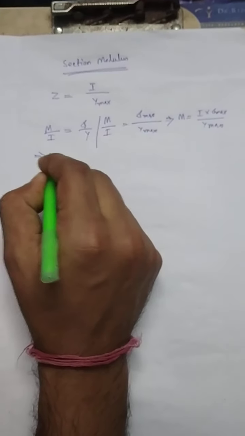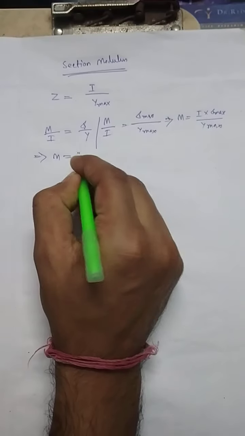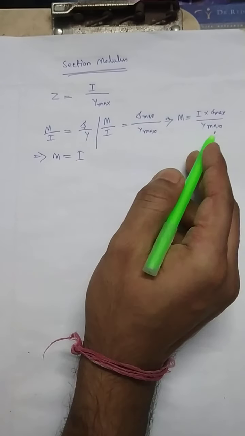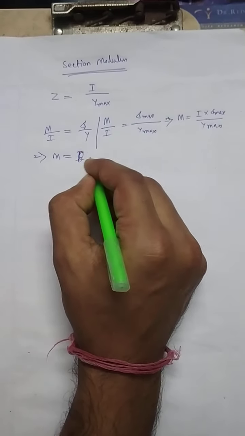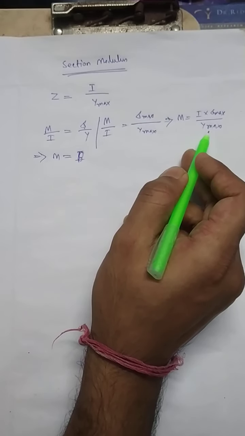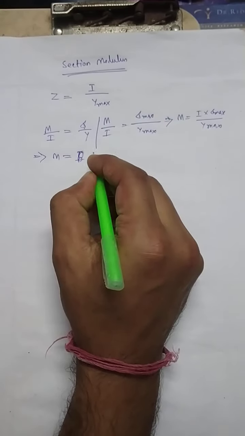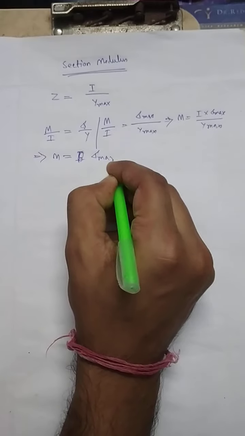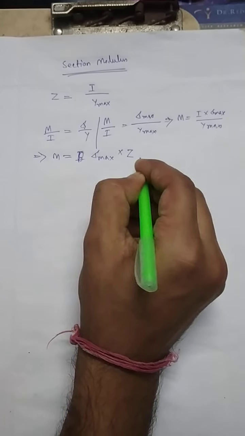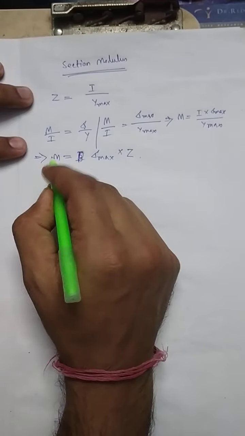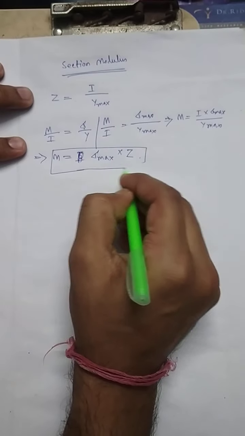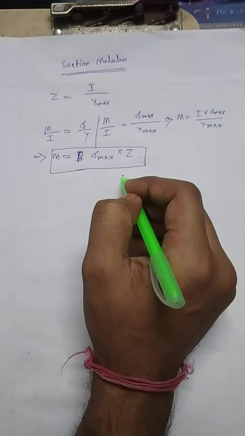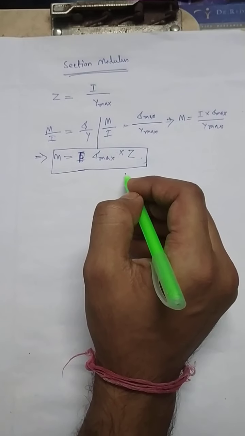So it will look as this: I by y max. I by y max is basically Z. So we will learn M is equal to sigma max into Z, and this formula is very needed for problem solving.